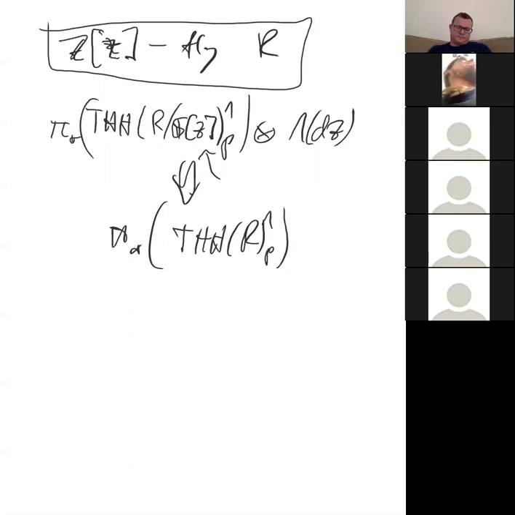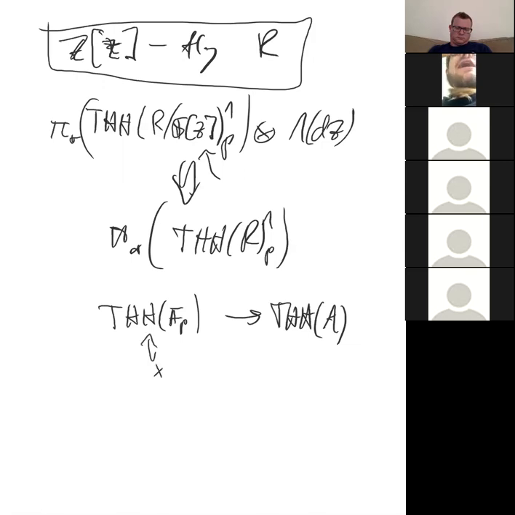Yeah, we have worked that out, so it is in our paper. It's not too interesting though, because in that case the differential is always 0. You have a map from THH of F_p to THH of A in that case, and there's a guy x in pi 2 here that hits the guy x here, so the differential on the x is trivial.